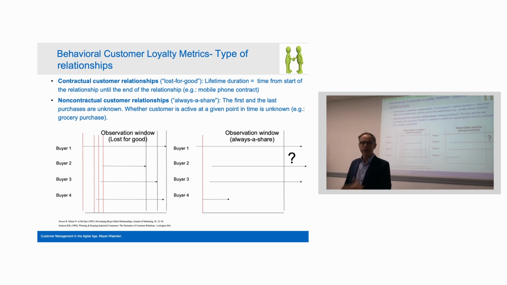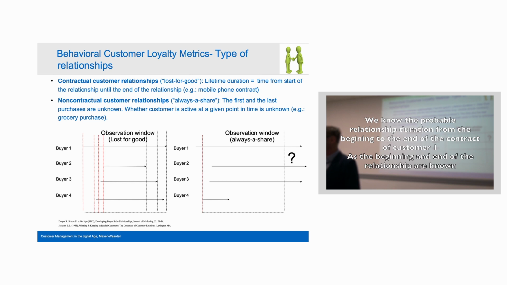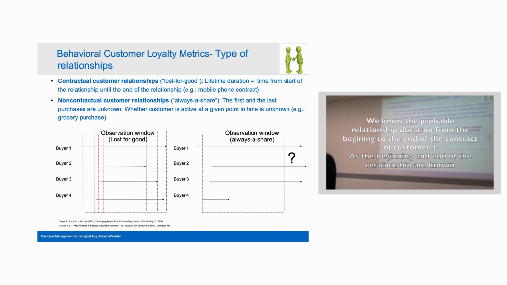So let's say the customer takes a contract for 2 years, so we know when he subscribed, and we know exactly when he probably churns, that is, defects. So we can easily calculate the probable relationship duration for this customer, as we know the first date of purchase and as we know the probable last date of the purchase.